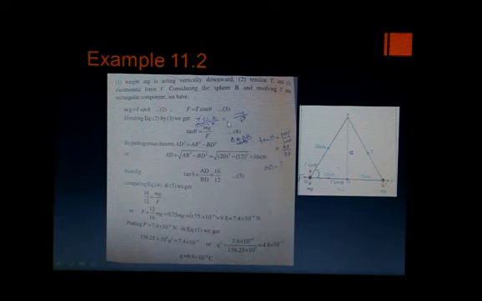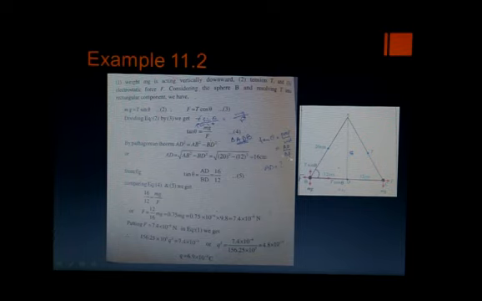As we know, sine theta over cos theta, a trigonometric identity, is given by tangent theta. I told you earlier so many times how we divide two equations, left side from left side and right side from right side. So the other side is also divided, that is mg over F. Let this be equation number 4.